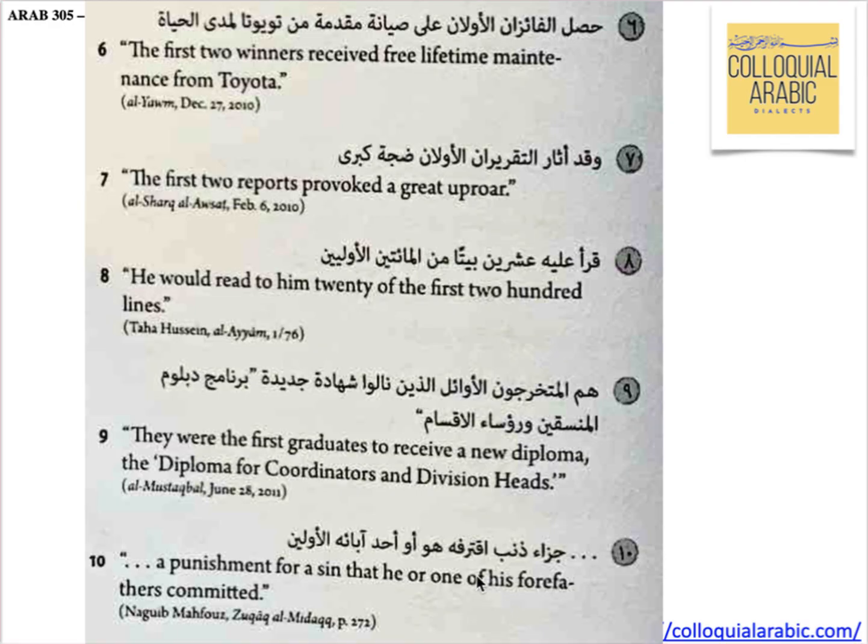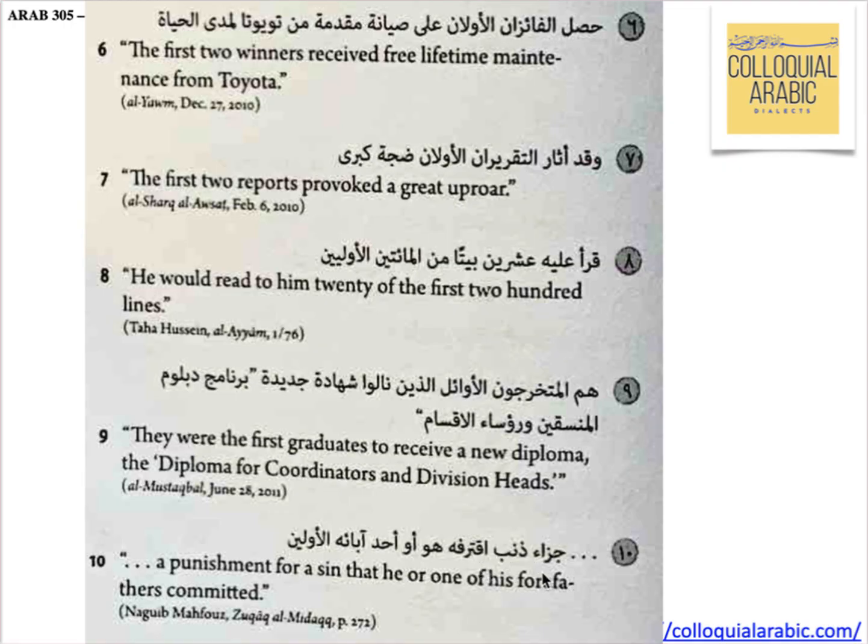جزاء ذنب اقترفه هو أو أحد آبائه الأولين. A punishment for the sin that he or another of his forefathers committed. اقترف, basically, in the form of committed some sin.